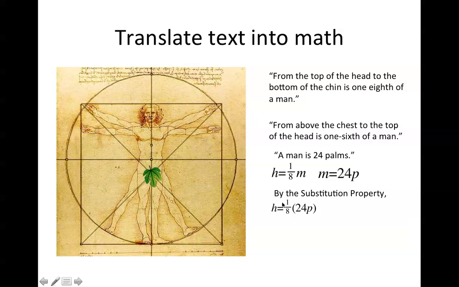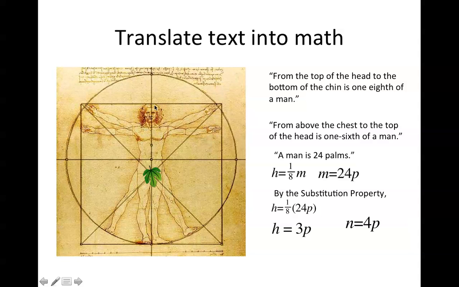I can simplify this now and multiply 1/8 times 24 and come up with H is equal to 3P. So this tells us that the height of the head is equal to 3 palms. And we could go through a similar process with N to find out that N is equal to 4 palms.